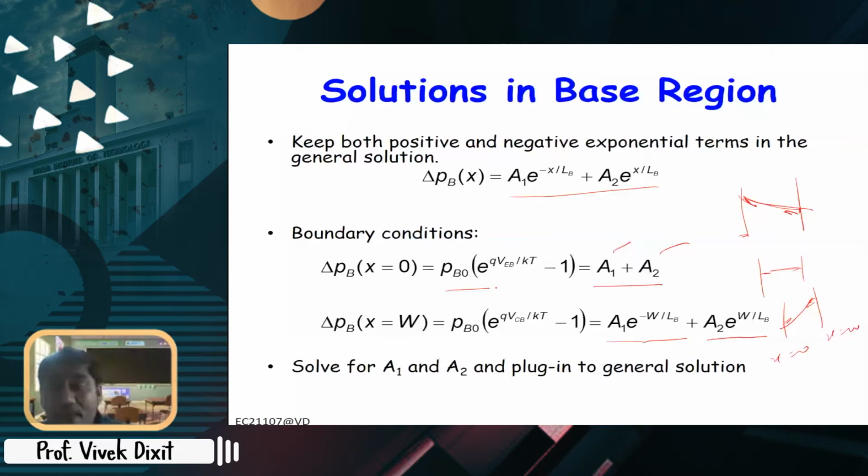Is it okay? And then when we substitute the values of A1 and A2 in this equation, we will get the profile for the excess holes in the base. Now this is very similar to the tutorial problem given to you, where you obtain the hyperbolic functions, right?